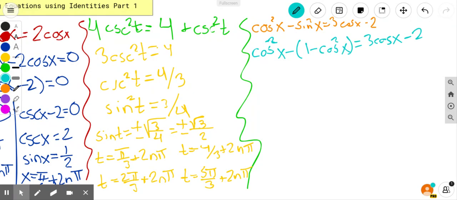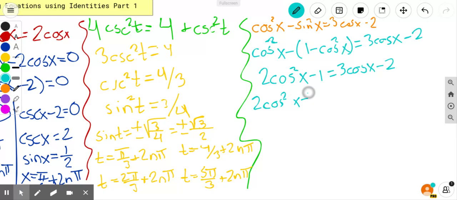So then if I simplify the left side, I would have 2 cosine squared of x minus 1 equals 3 cosine of x minus 2. So then rewriting that, because I have it all in terms of cosine of x, I want them all on the same side. And I'm going to do a little bit of factoring while I'm at it. So 2 cosine squared of x minus 3 cosine of x plus 1 should equal 0, right?